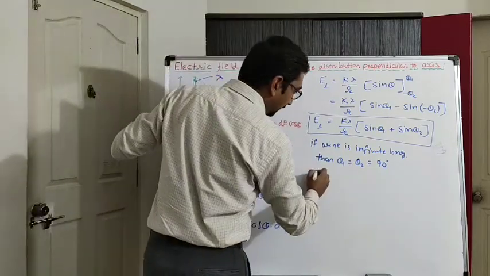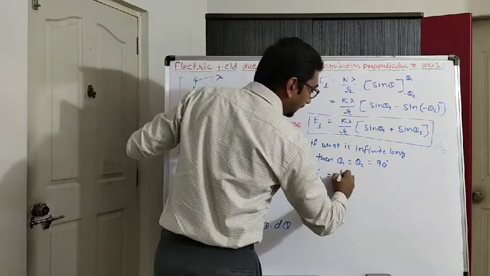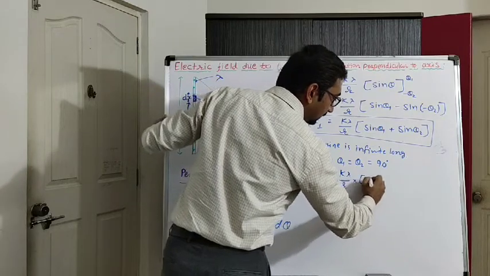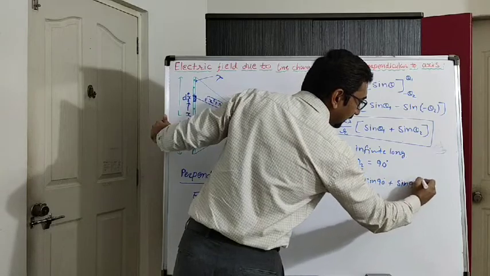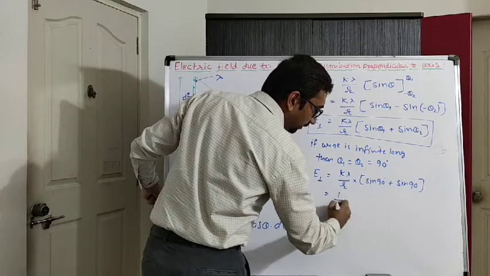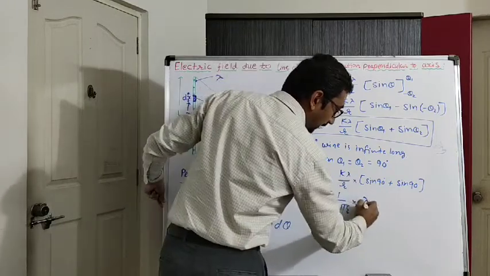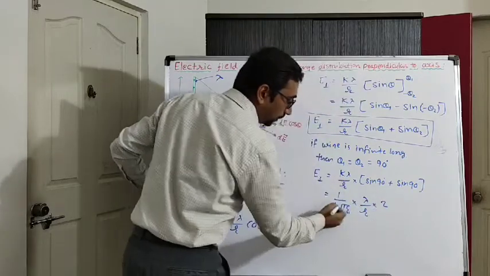So in this particular condition, E perpendicular will become k lambda upon r into sin 90 degrees plus sin 90 degrees. This is 1 plus 1, 2. K is 1 upon 4 pi epsilon 0, into lambda upon r into 2.